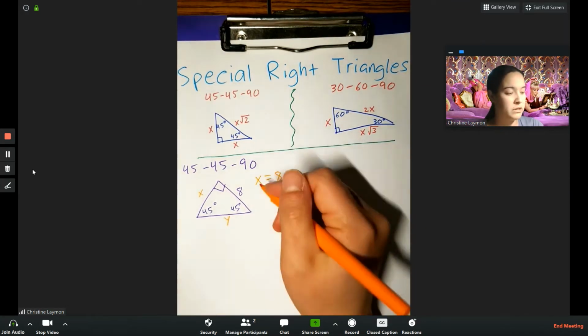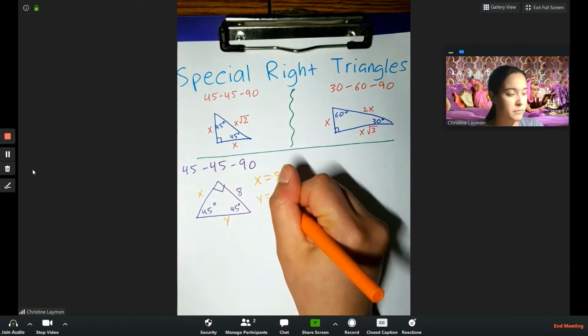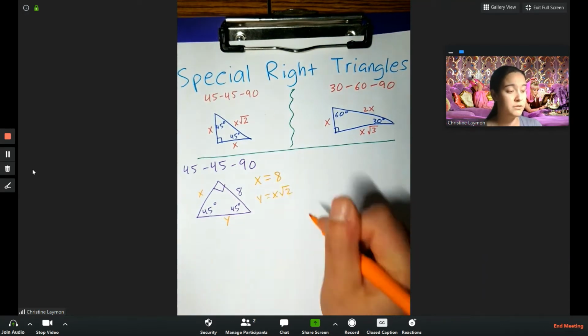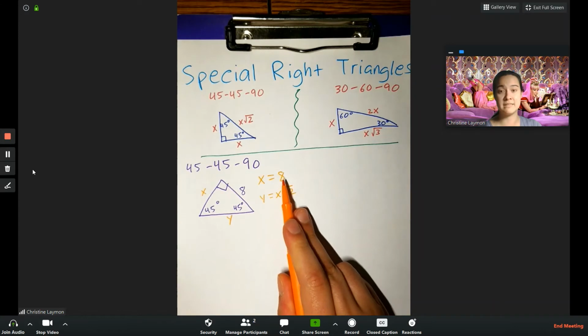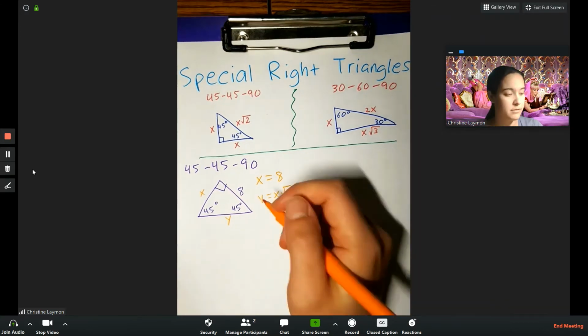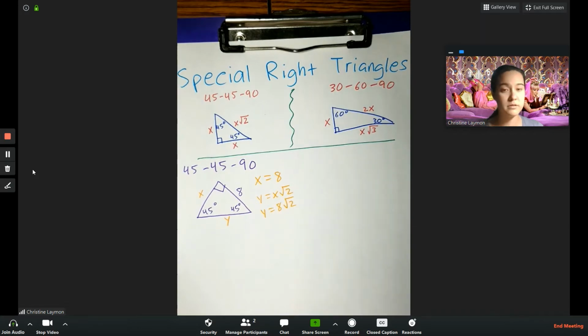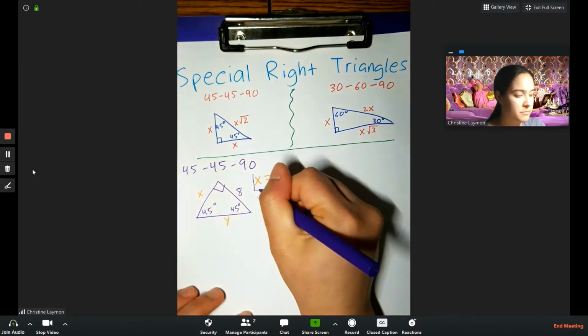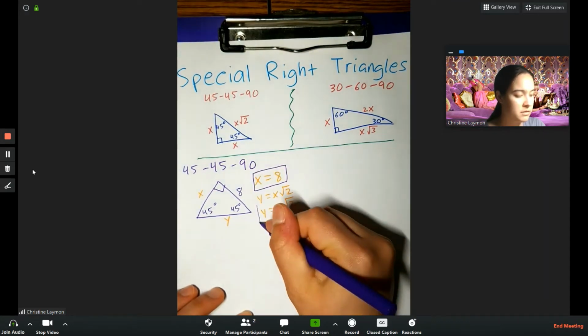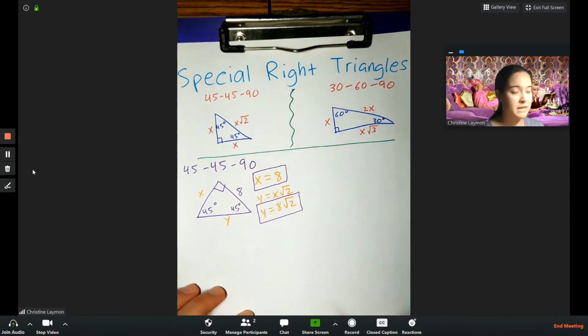So basically, we know that y equals x square root of 2, but we already know what x is. X is 8. So y is 8 square root of 2. So go ahead and box those two answers. X was 8, y was 8 times the square root of 2.